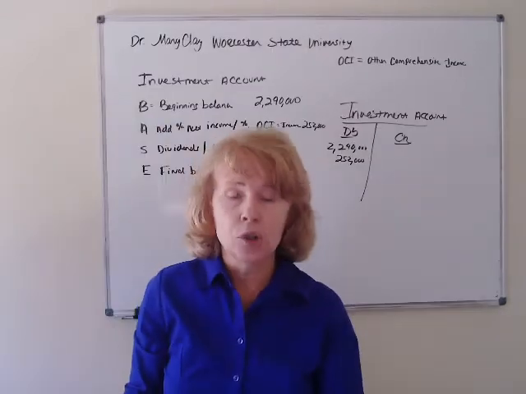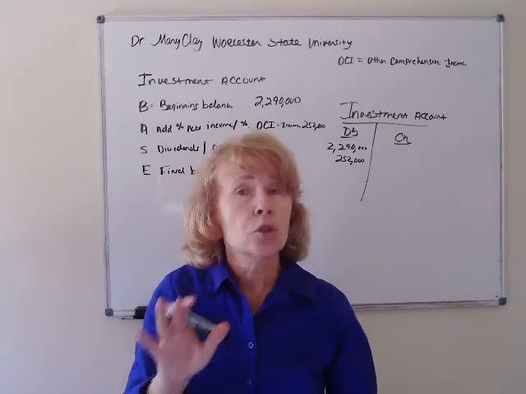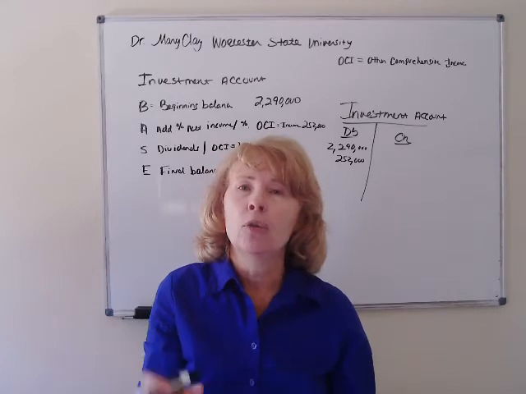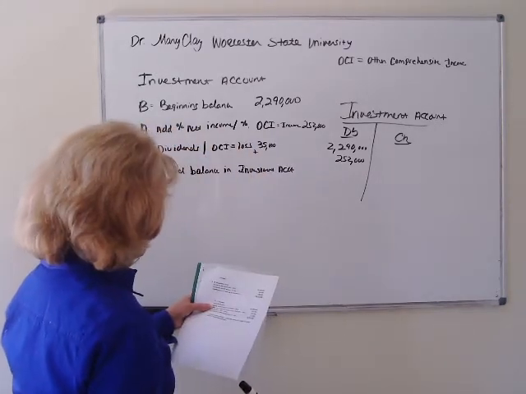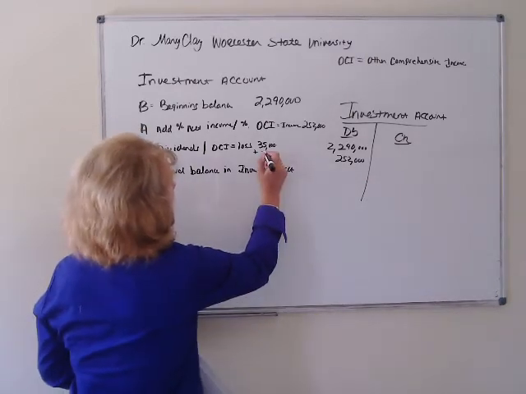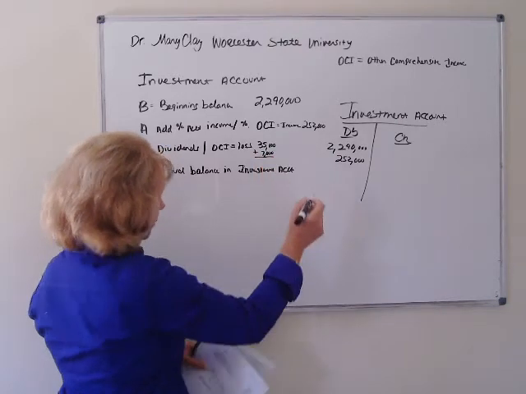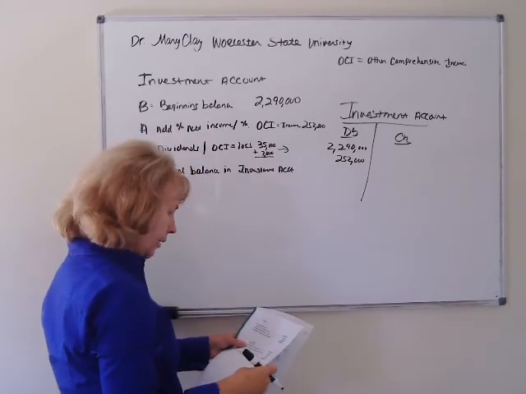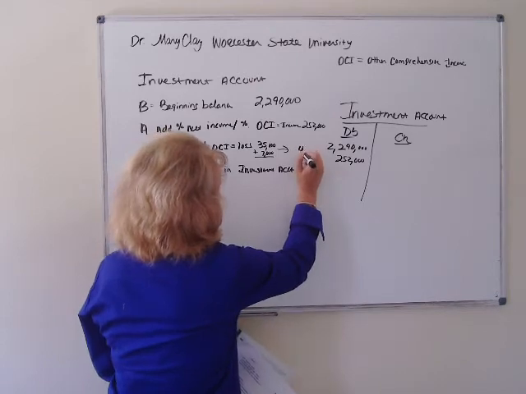We will next do the dividends. They gave you the total dividends. You didn't have to figure it out. It's 20,000, but they only own 35%. You will take 20,000 times 35%, and that gives you 7,000. You'll add these two together, but that's going to be a big subtraction. I'm just showing you the individual pieces. And that is 42,000.